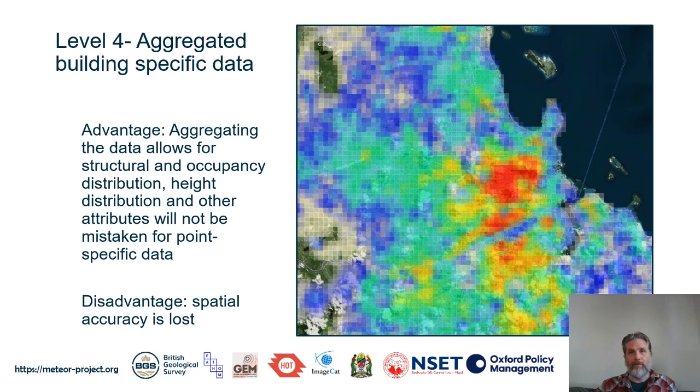And you'd be able to aggregate that up with some of the Microsoft building footprint data or OSM data. That becomes more reasonable to do if there's a complete survey of an area, but you have to be very careful. Now, if you have building specific data, why would you create this aggregated and not just look at the building level data?